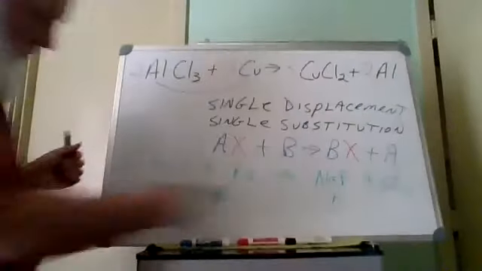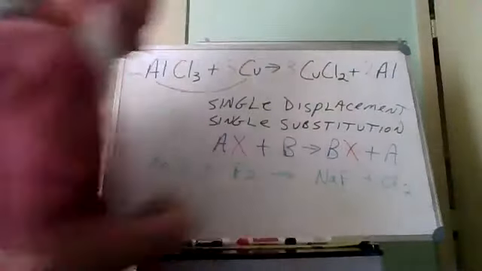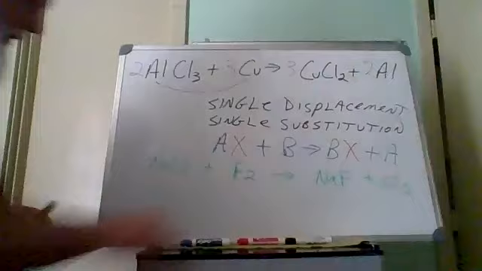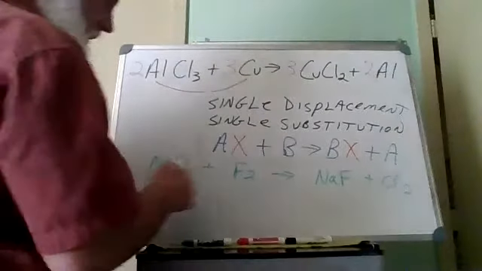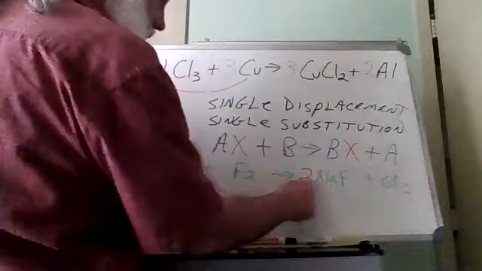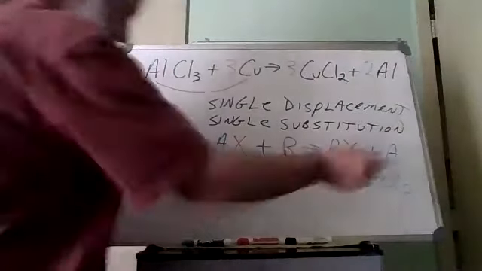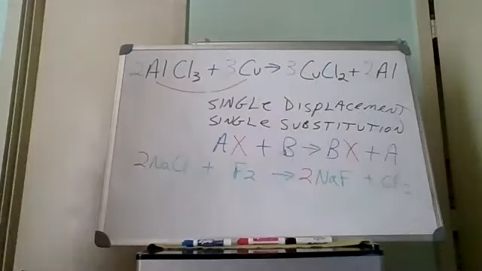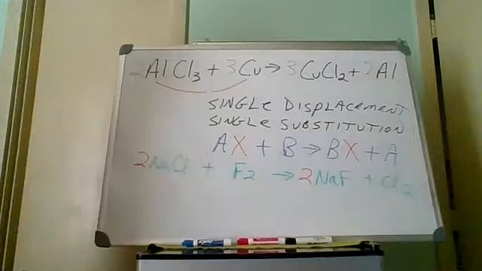Actually, I'm kind of running out of room here, so I'm just going to put the coefficients in. All right, let's see, I need 2 fluorines here, so 2 fluorines here, 2 sodiums here, so 2 sodiums here. So this is balanced now.